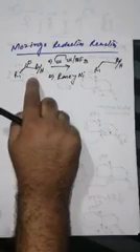This reaction involves two steps. In the first step, there is a formation of thioketals using dithiol in the presence of Lewis acid, followed by reduction with Raney nickel. Let's look into a specific example. What is the name of this compound? This is a very famous compound known as benzophenone.